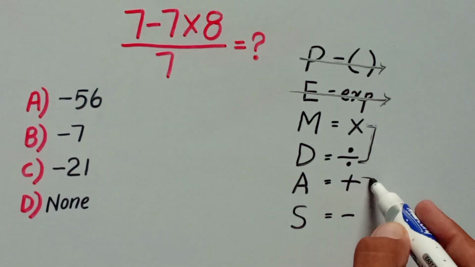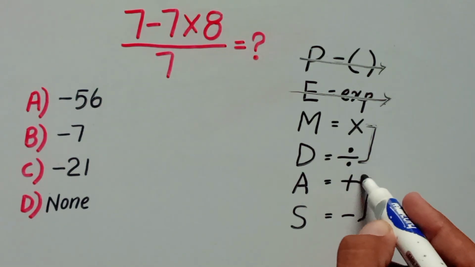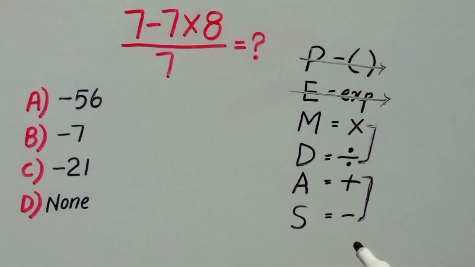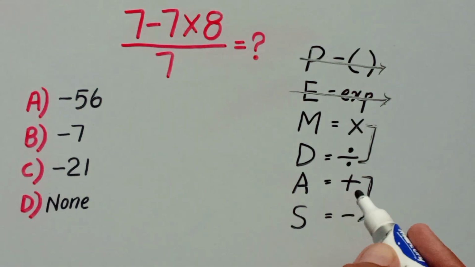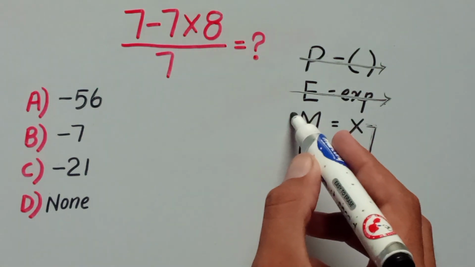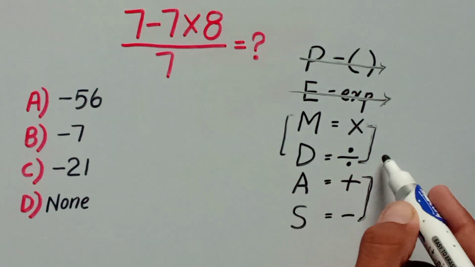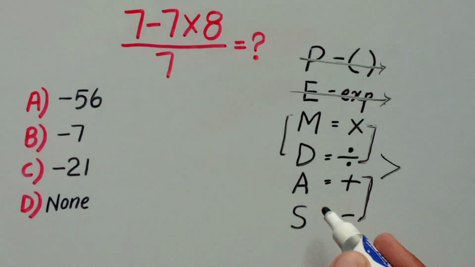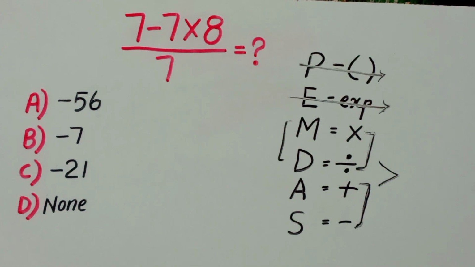Similarly, addition and subtraction have equal priority and we go from left to right. But one thing you must remember is that multiplication and division have much higher priority than addition and subtraction. Okay guys, now I can remove this rule.